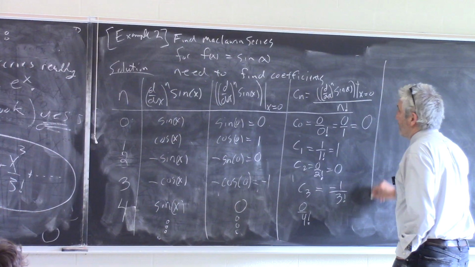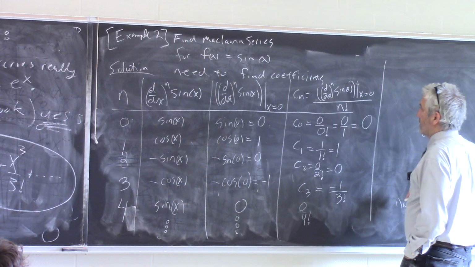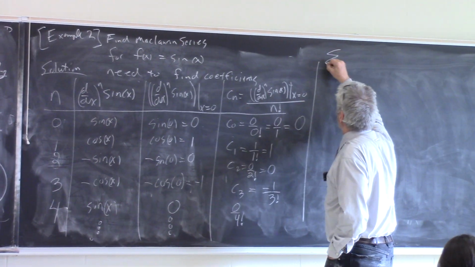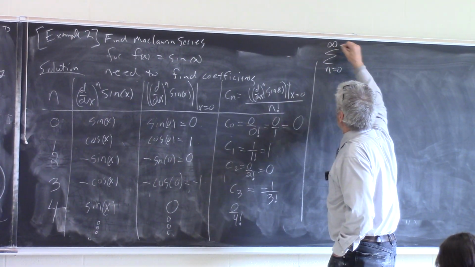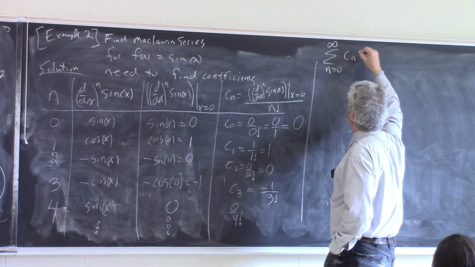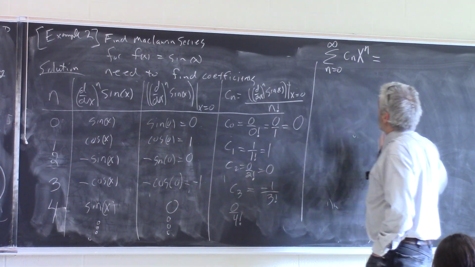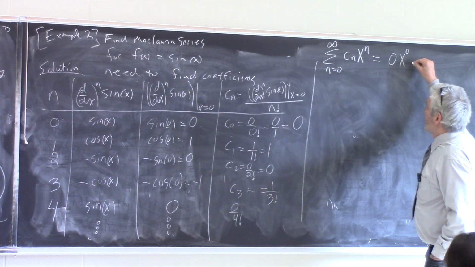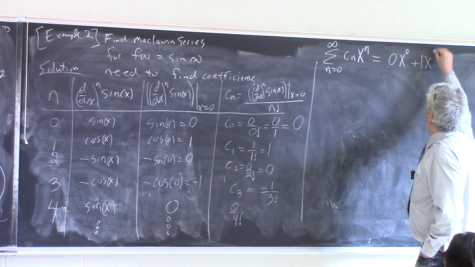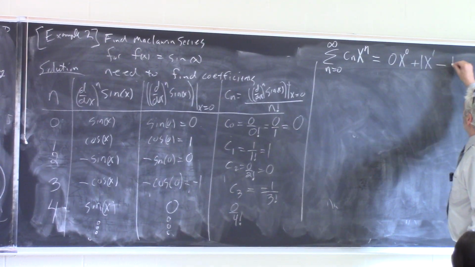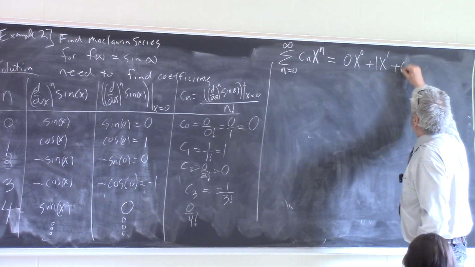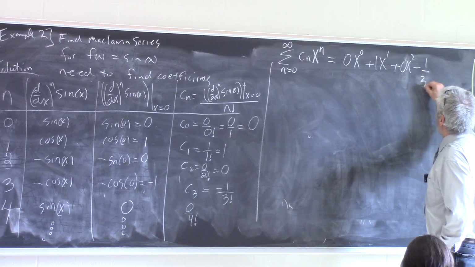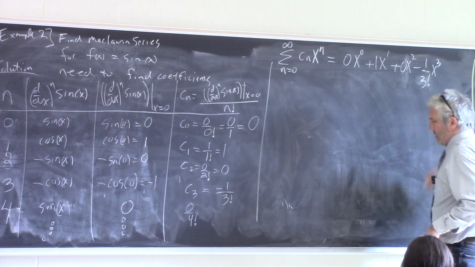So my series is going to look like this. I'm going to have 0 times x to the 0, plus 1 times x to the 1, plus 0 times x squared, minus 1 over 3 factorial times x cubed.